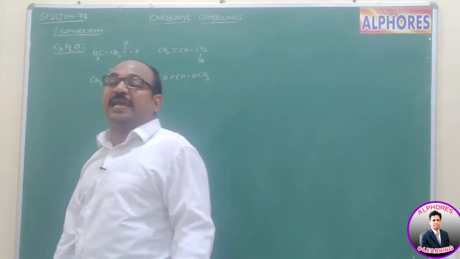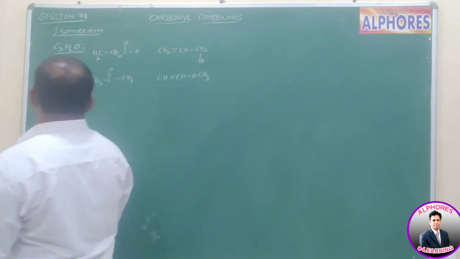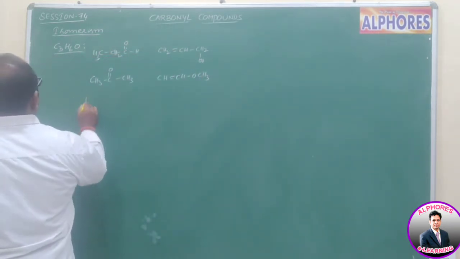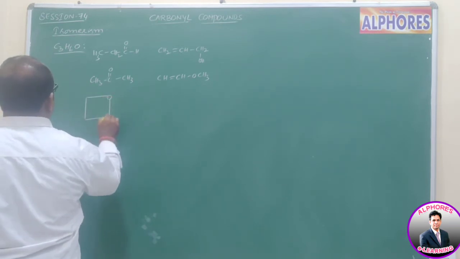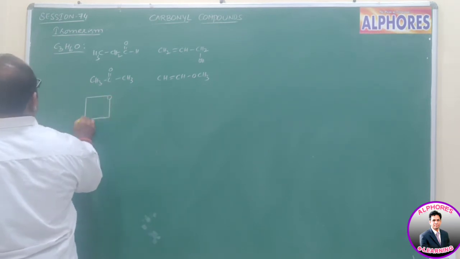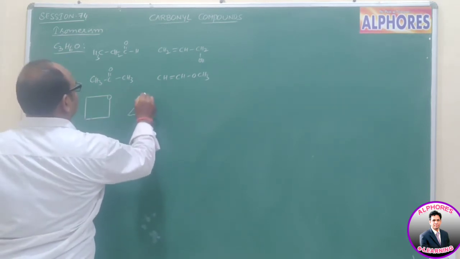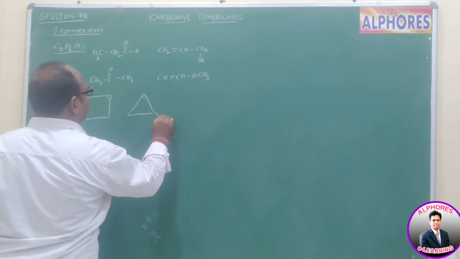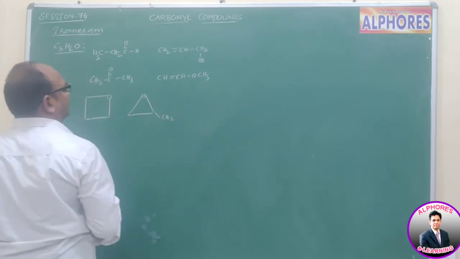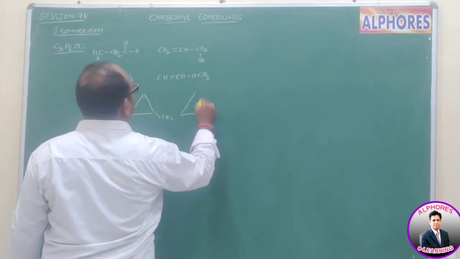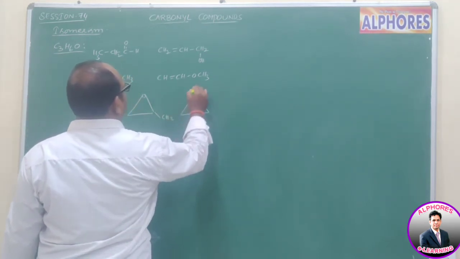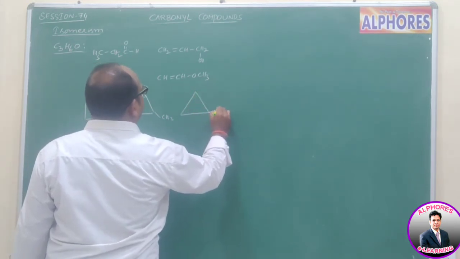Now how many cyclic isomers are possible? For C3H6O, here CH2, CH2, CH2, 3 CH2 groups, 3 carbons and O. And CH2, CH, CH3, and CH2, CH2, CH, OH.